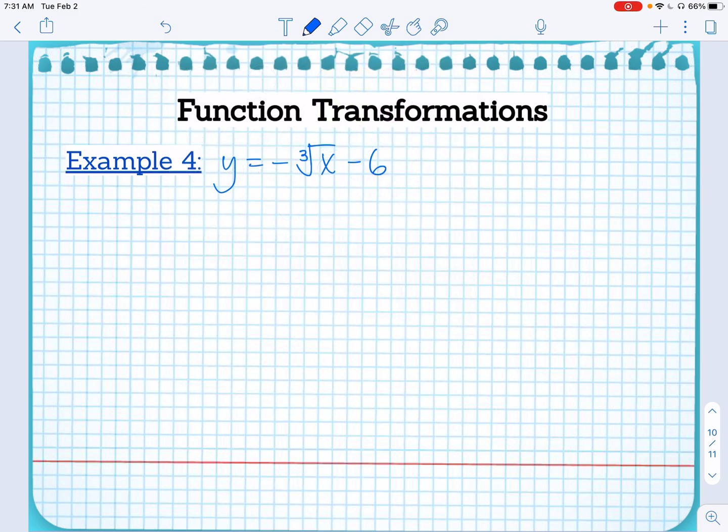So let's go through my parent function, my transformations. Horizontally, I have no shift, no stretch. I'm going to reflect over the x-axis, and then down 6. So I'll start by making my parent.